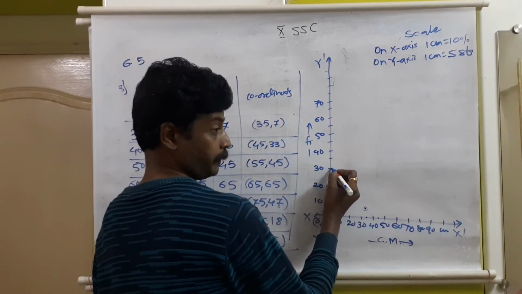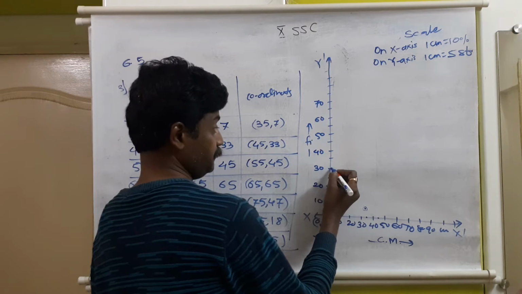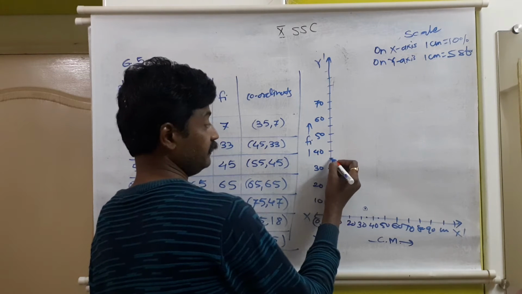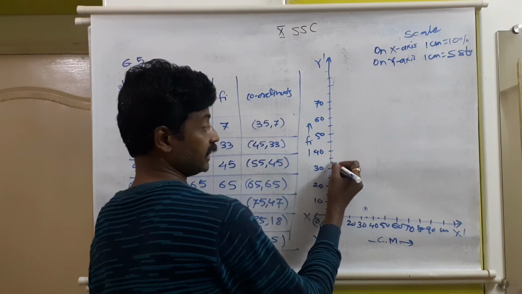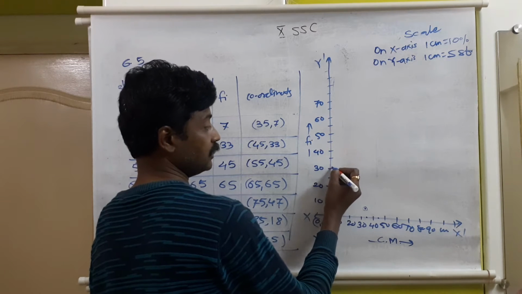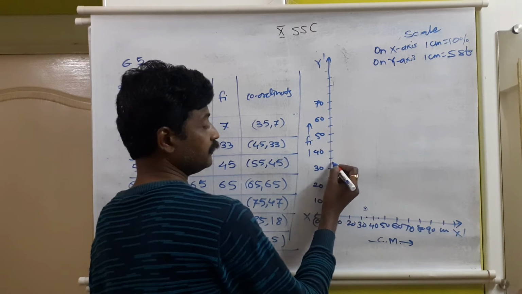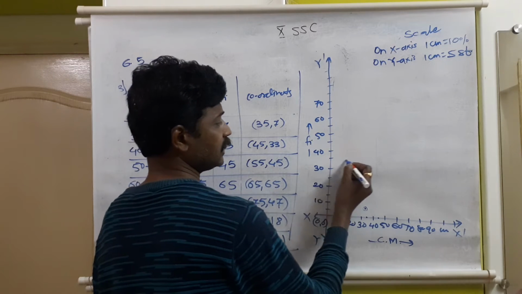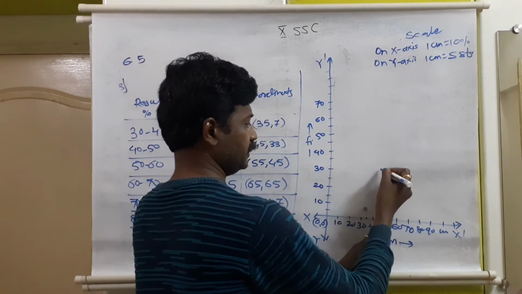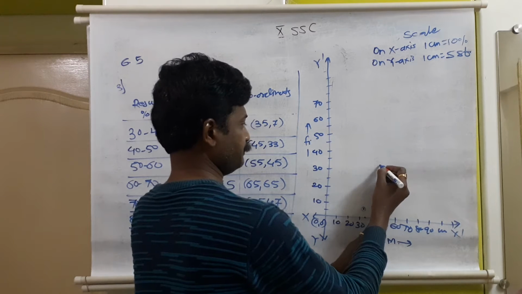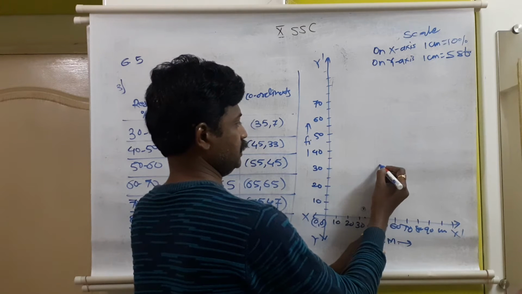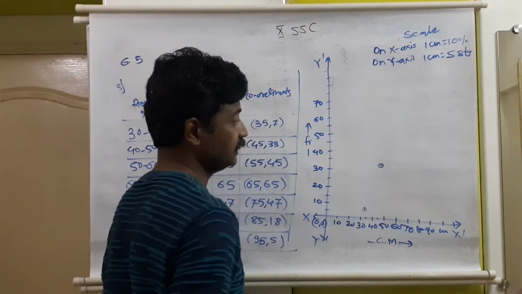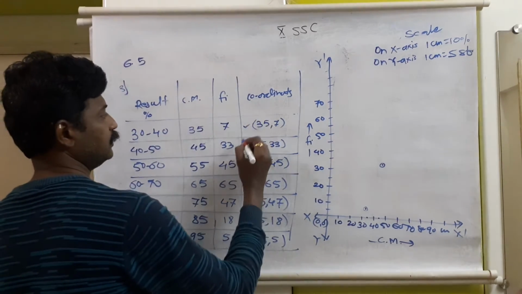This is 30, this will be 35, and here there are a total of 10 lines. 6 lines should be covered: 1, 2, 3, 4, 5, 6, somewhere here it will come. So it is here and then here. Vertical, and 33 will come here for the second point.